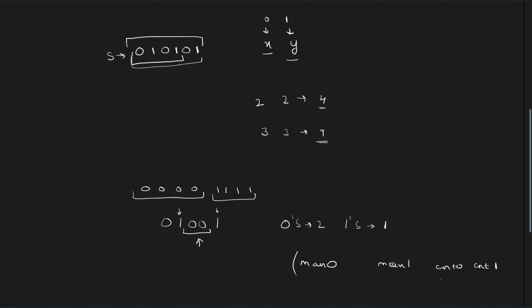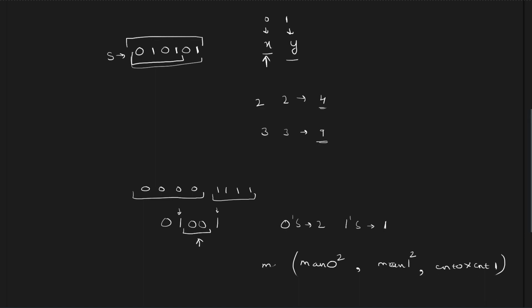So my final answer would be max 0 square, because obviously if they are all zeros, we just have to do x square. If x is the number of zeros and all the values present in the string are zeros only, there are no ones, then we can just do x square. Then again similarly, if all ones are present, then we can just multiply it by itself, that is also a square. Now if there are both zeros and ones present, then we can just multiply them together.